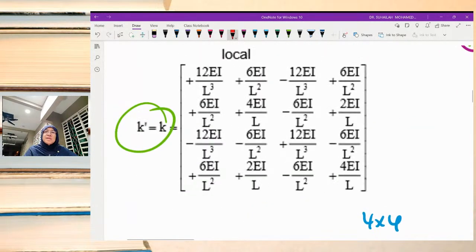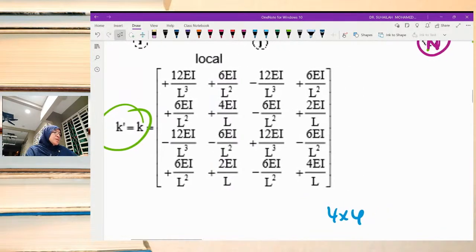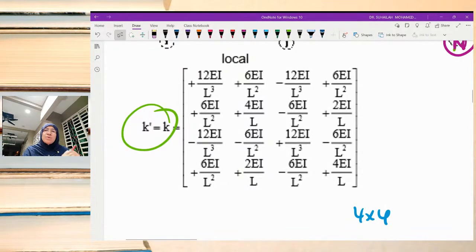Okay, so this is the formula. Inside this, we will find that the formula has to be calculated in terms of EI. EI will be put outside the bracket as usual.